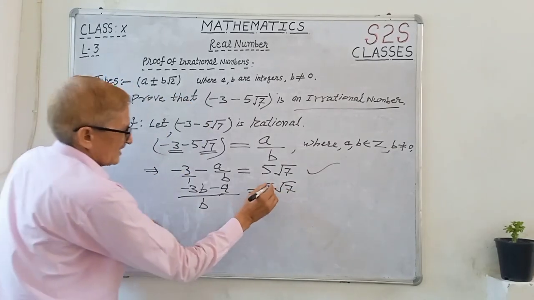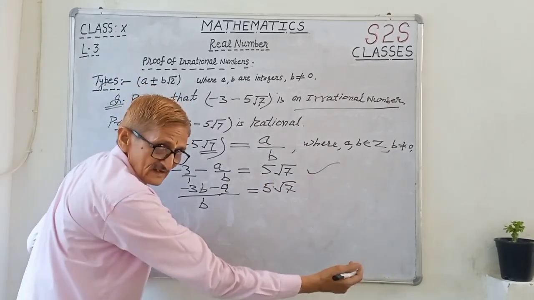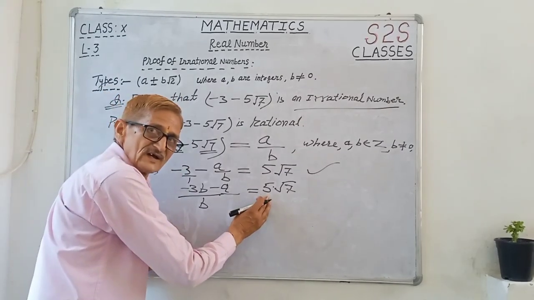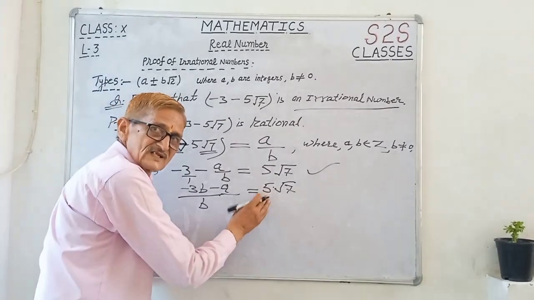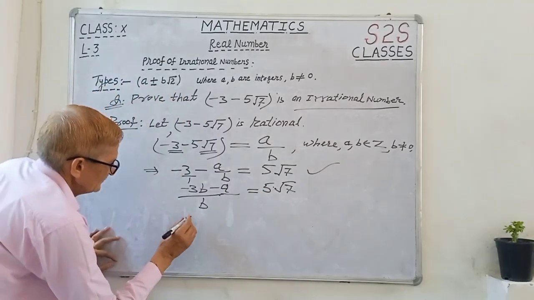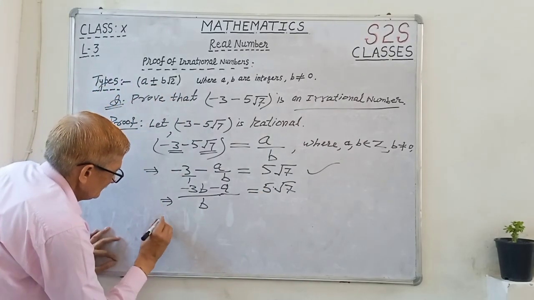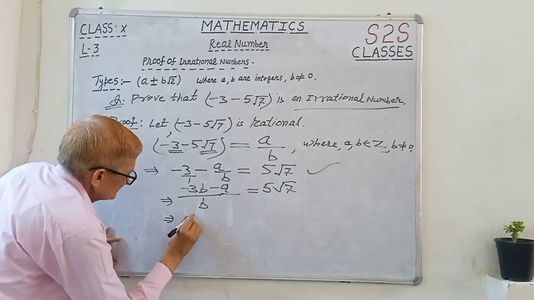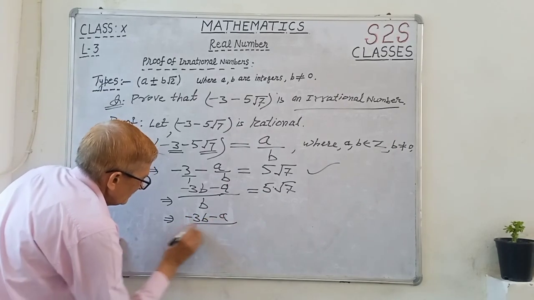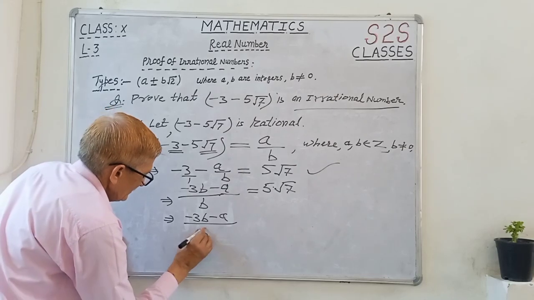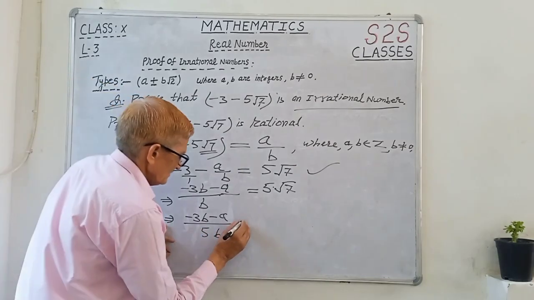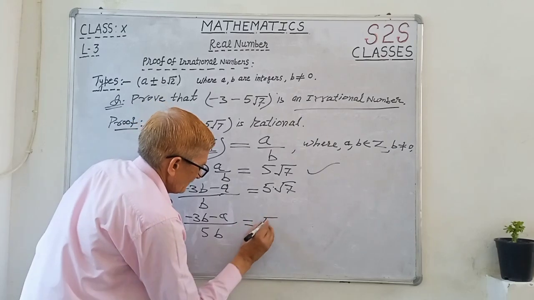Then 5 is multiplied on the right hand side and it is 5, a rational integer. Then 5 will go in division, so it will be minus 3b minus a upon 5b is equal to root 7.